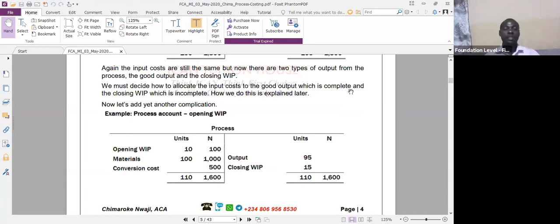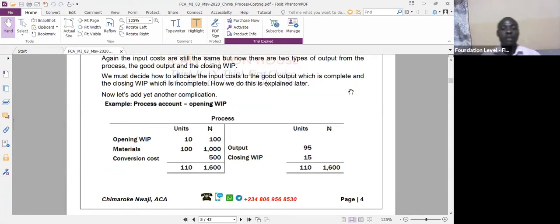Now, let's look at accounts again. In this account, there is something that is increasing the left-hand side. So the left-hand side has changed a little. We have opening work in progress from the previous period. All the while we have been assuming that our opening work in progress is 0, or perhaps this is the first time production is starting since the company came into existence.